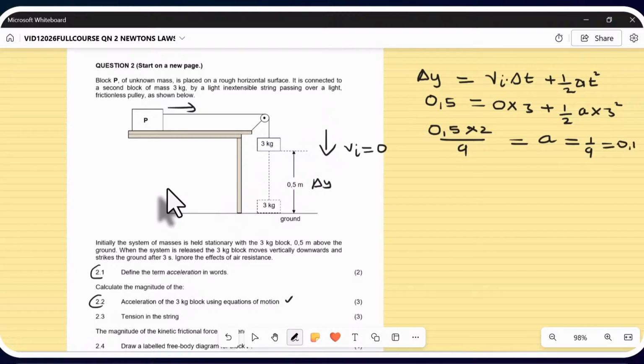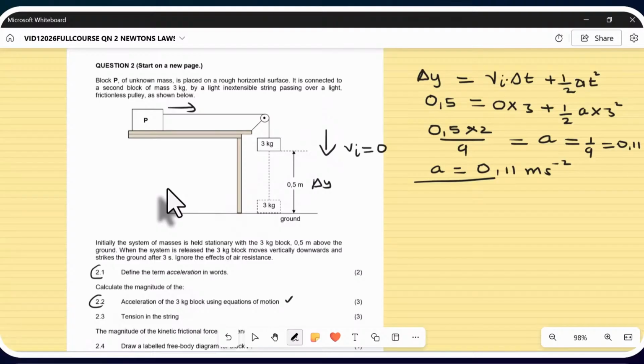Because I have the acceleration and the mass, I can find my tension. How do you find Fg? Mass times gravity. I'm going to say 3 times 9,8 minus the tension I'm looking for.